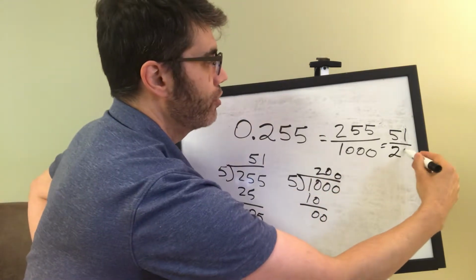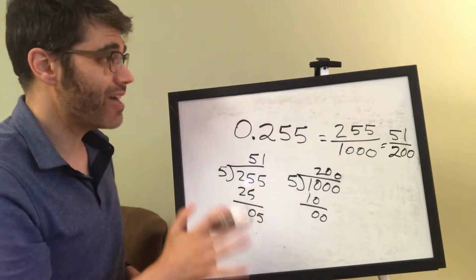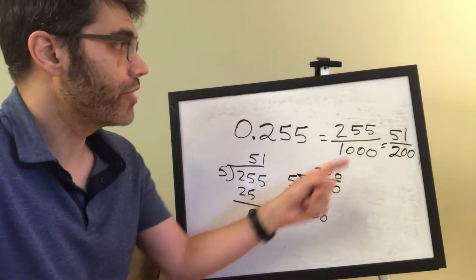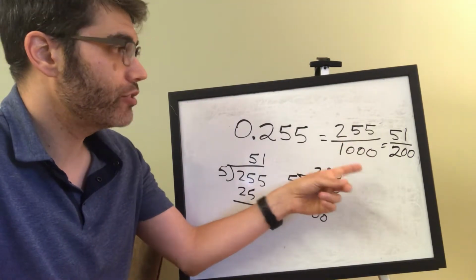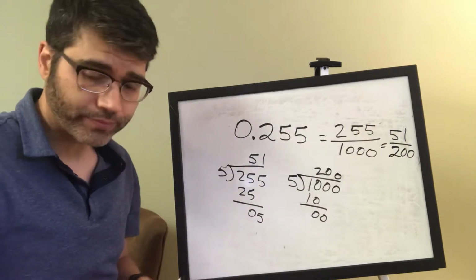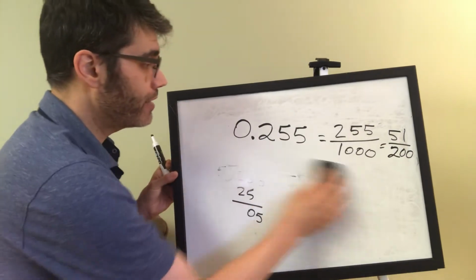So 51 over 200. Now, I cannot think of any number that goes into both 51 and 200, so that's as far as we can reduce it.